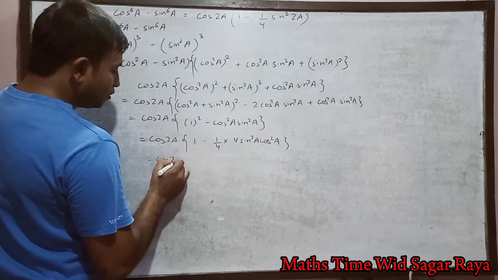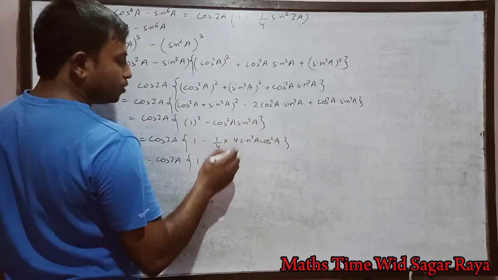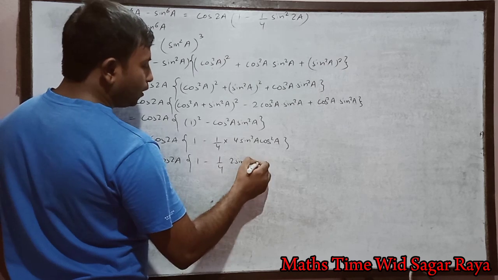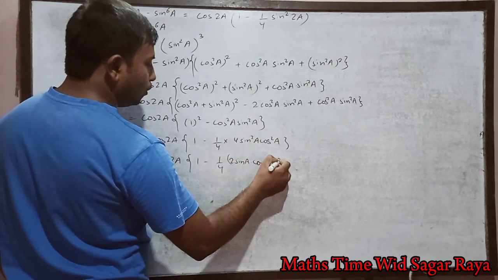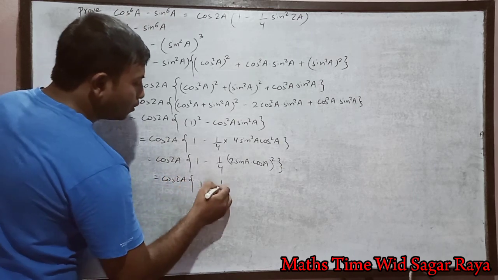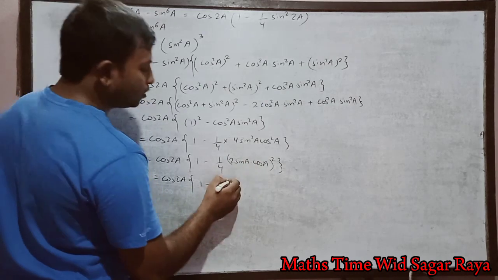After this, cos 2A, and 4 sin²A cos²A we can write as (2 sin A cos A)². Then cos 2A (1 − 1/4 (2 sin A cos A)²). What is the formula for 2 sin A cos A?